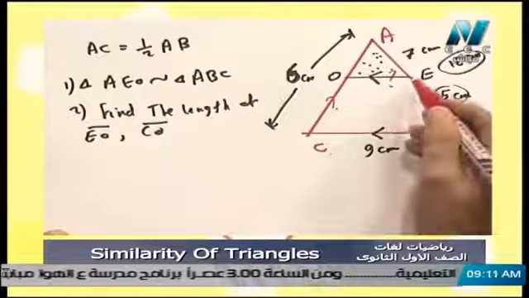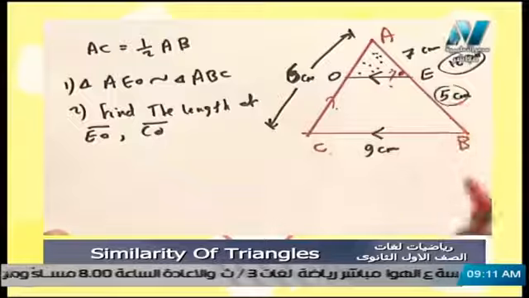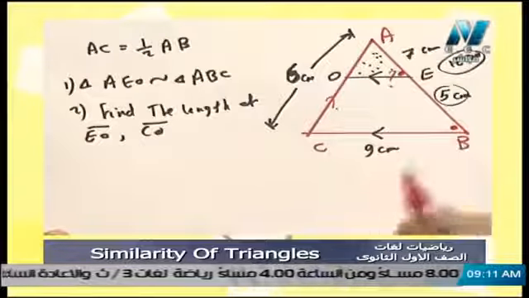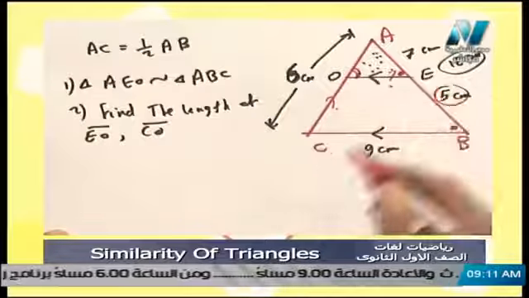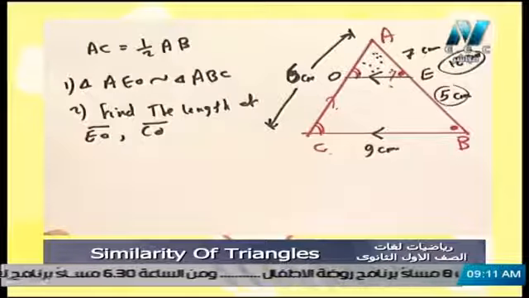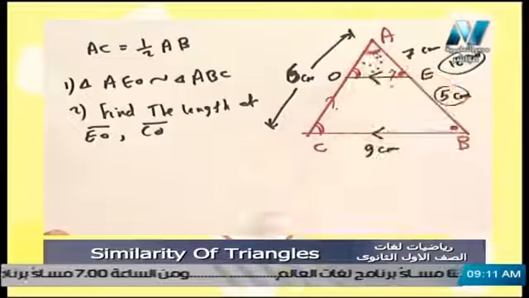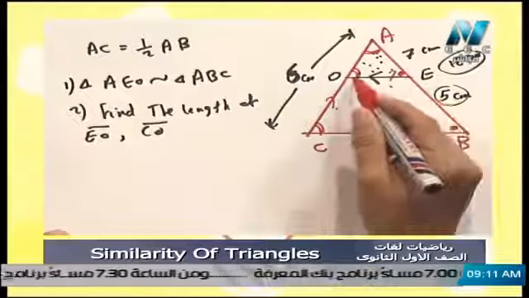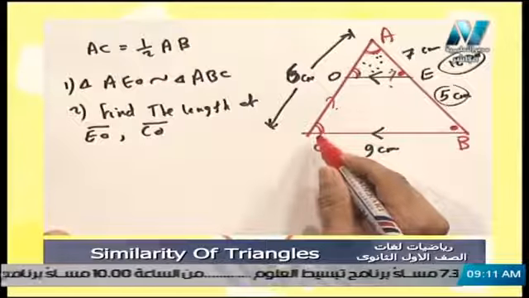Okay, we know that if EO is parallel to BC, then the measure angle AEO equals the measure angle B. And also we can say that measure angle AOE equals measure angle C, corresponding angles from parallel lines. And we have A as a common angle. It's enough to prove that two angles here in the first triangle equal two angles here in the second triangle.